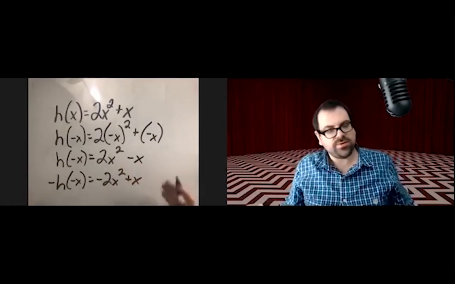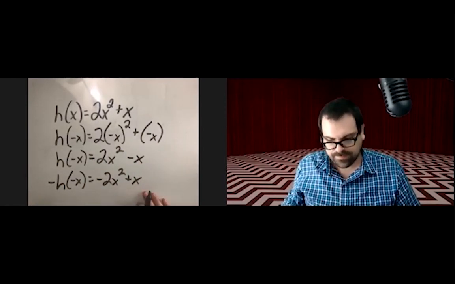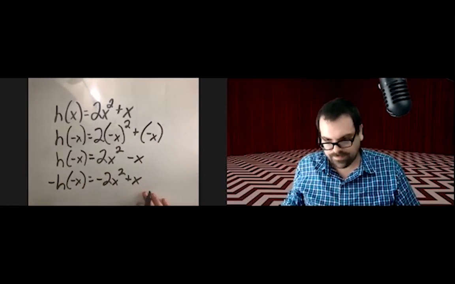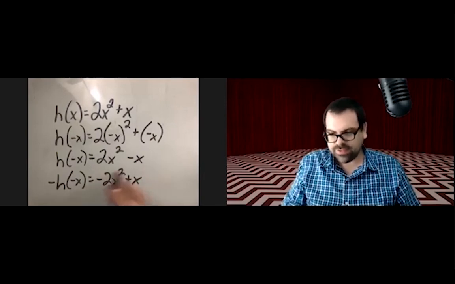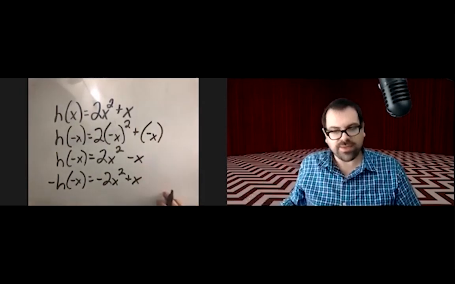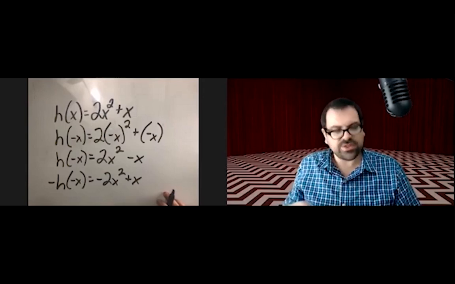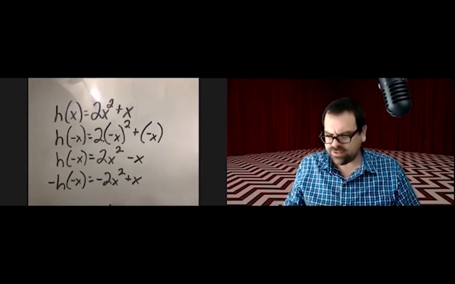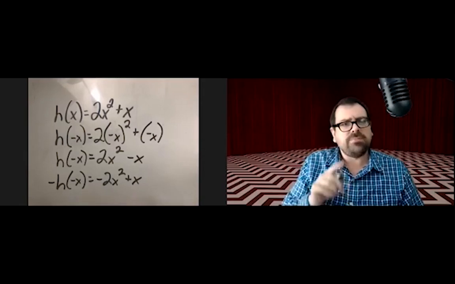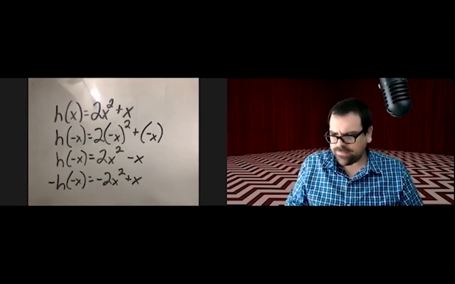So again, just distribute a negative. This is also not the original function. I like that better than factoring out a negative, just taking the opposite of both sides. We can work with that.